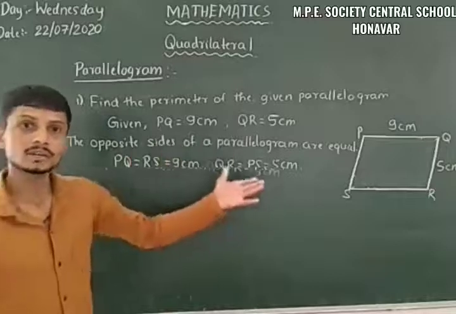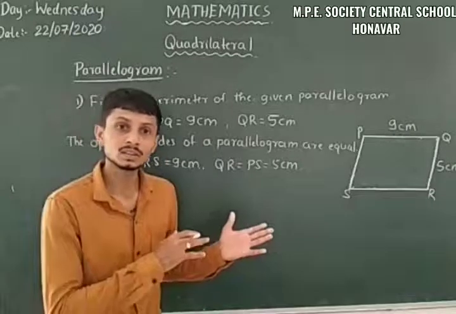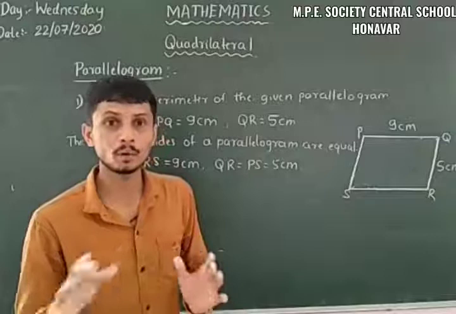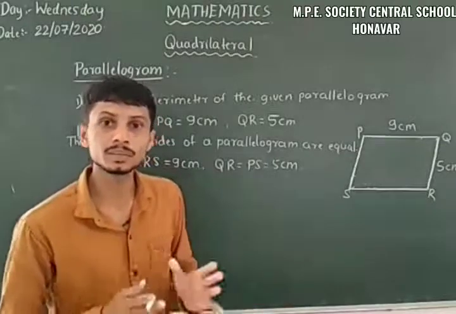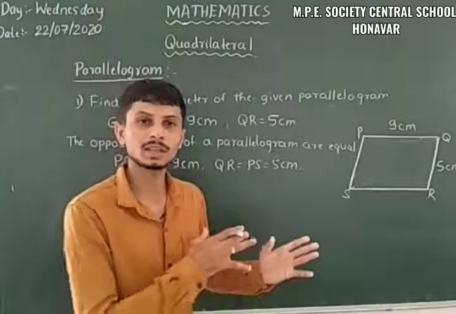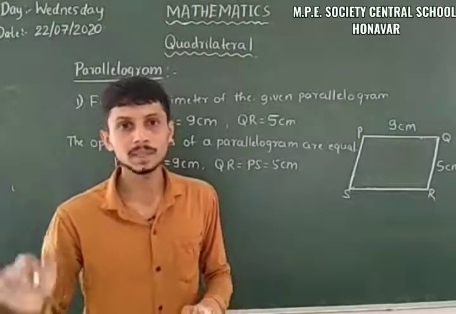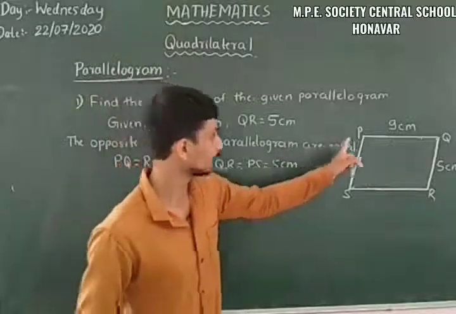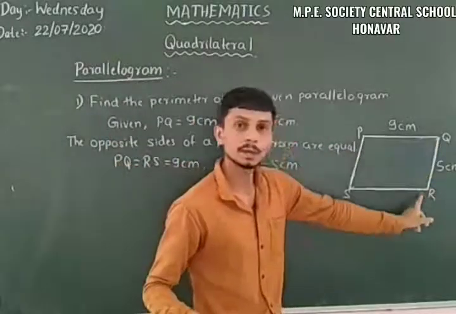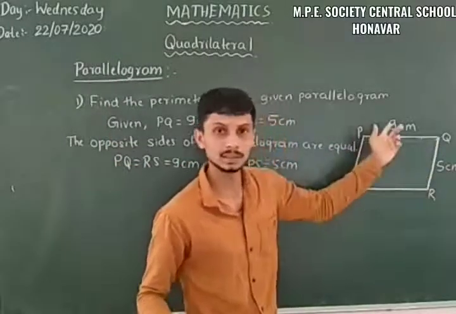Then we have to find the perimeter. Perimeter means the total distance covered along the boundary. So we have to add PQ plus QR plus RS plus PS.